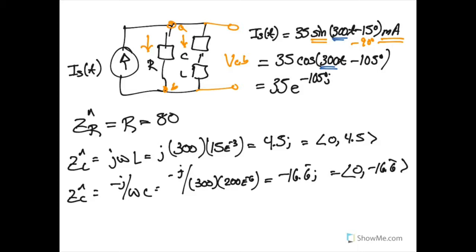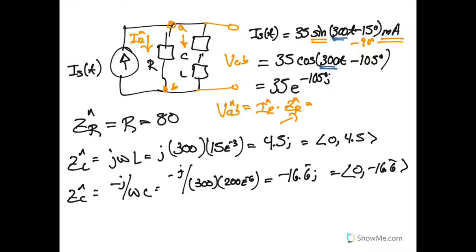Honestly, the easier route here is going to be to find the current through the resistor. In that way, our AB voltage would be the current through the resistor times the impedance across the resistor. With this just being 80, that's a rather straightforward function.